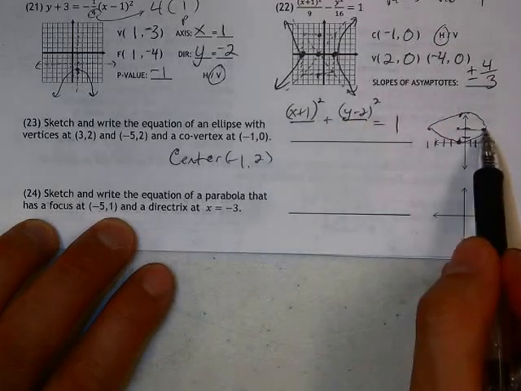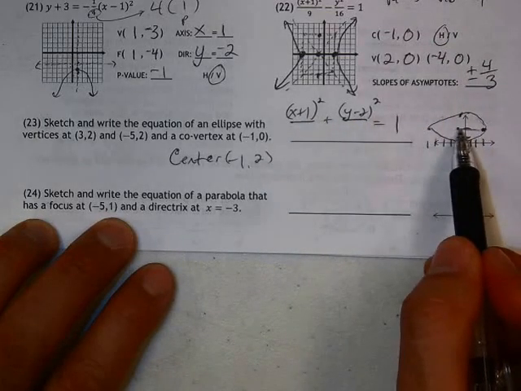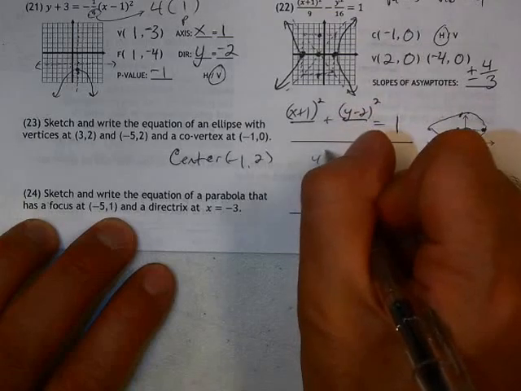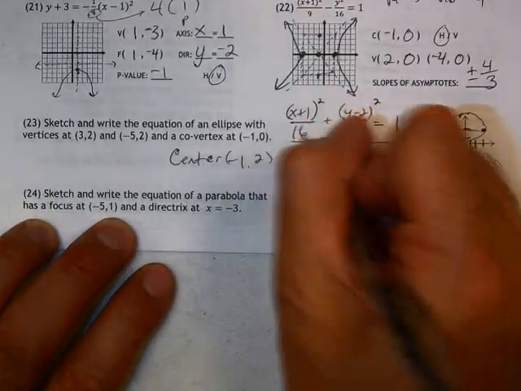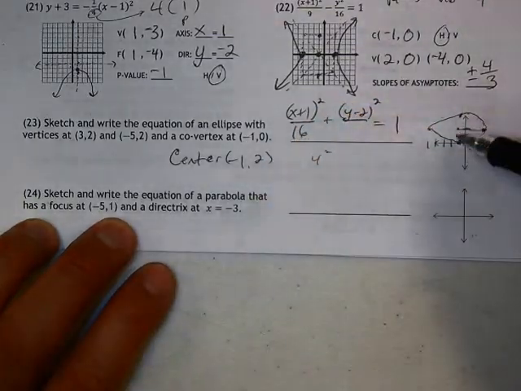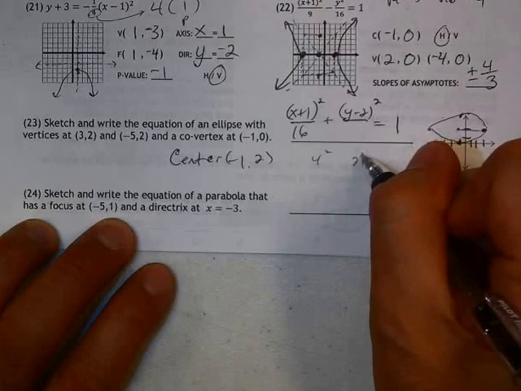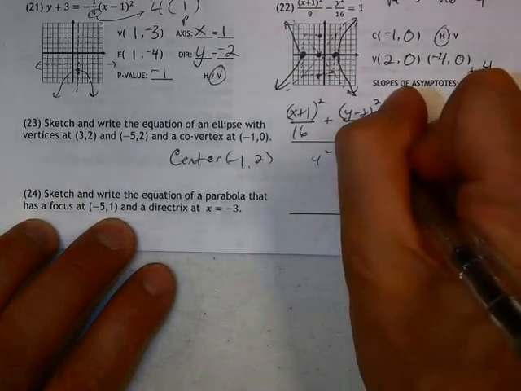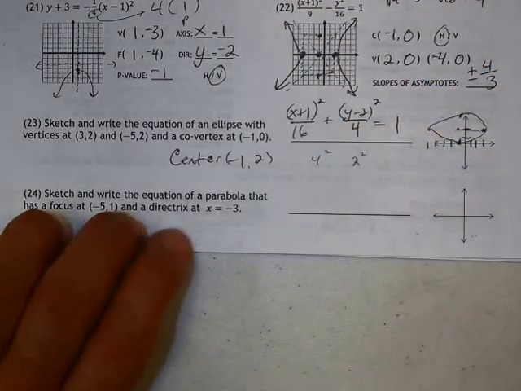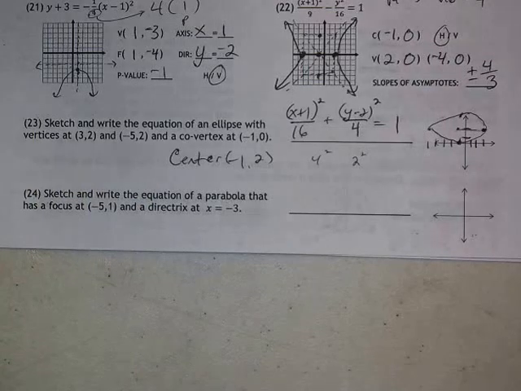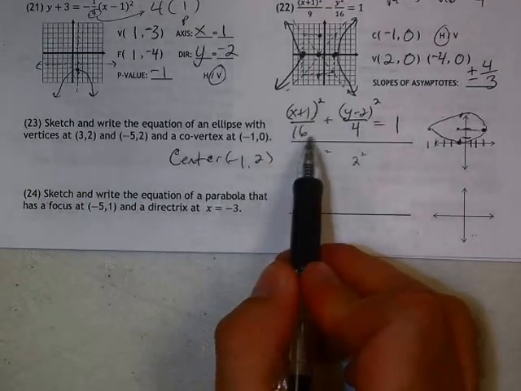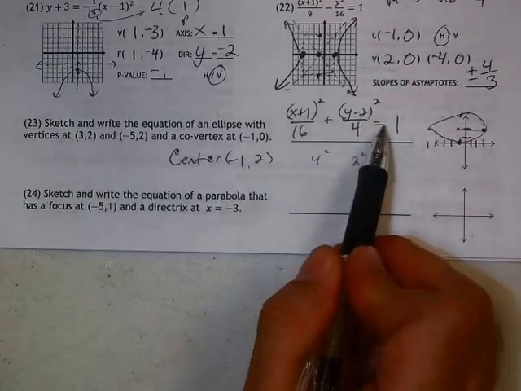For the x, it was 4 spaces to go from the vertex to the center. 4 squared gives us this value, which is 16. For the y, we're going from the co-vertex up only 2 spaces. 2 squared gives us 4. So my equation for number 23, there it is, x plus 1 squared over 16 plus y minus 2 squared over 4 equals 1.